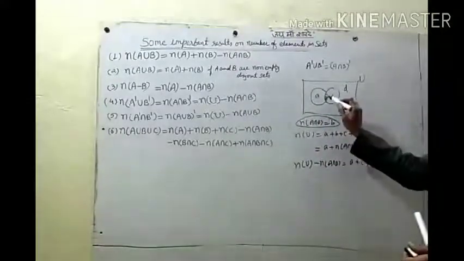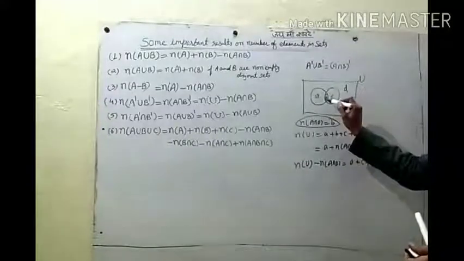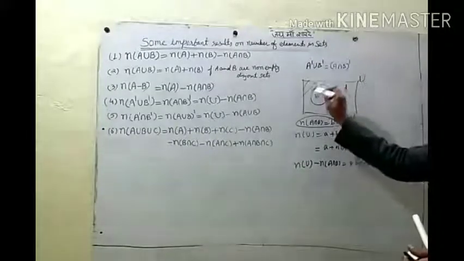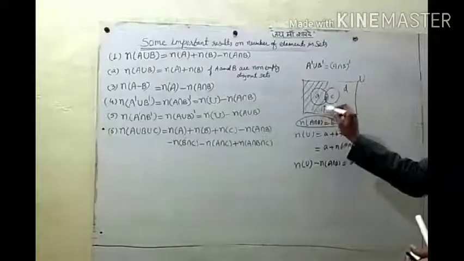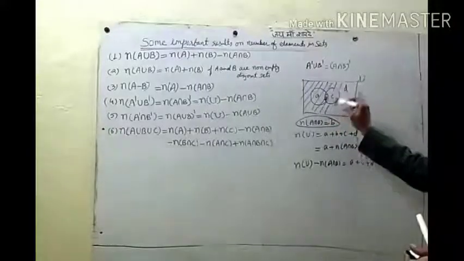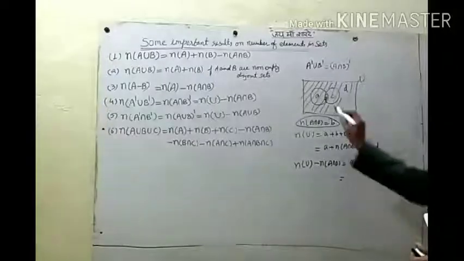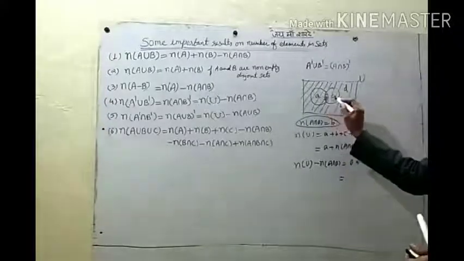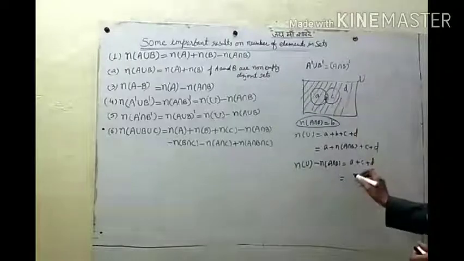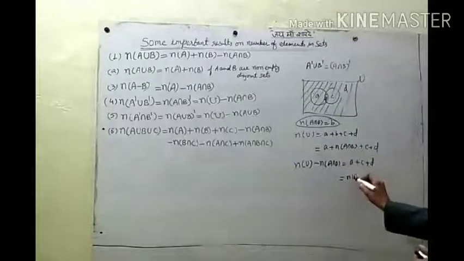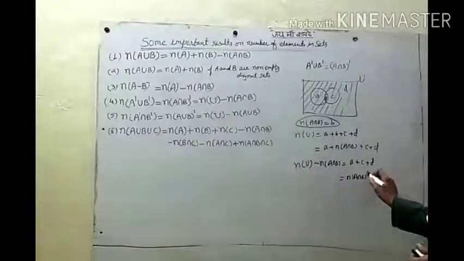Except these elements, everything will be the complement of A intersection B. All this part will be the complement of A intersection B. So how many elements are there? Except this, means A, then C and this D. This can be written as the number of elements of A intersection B.